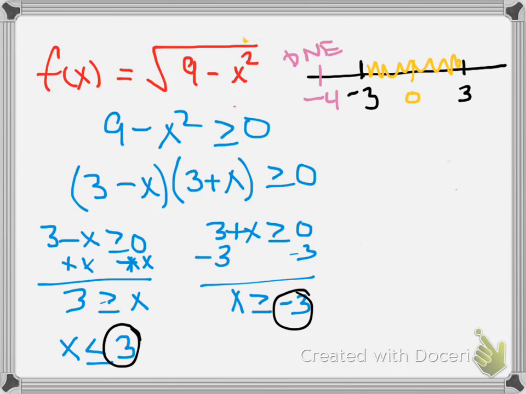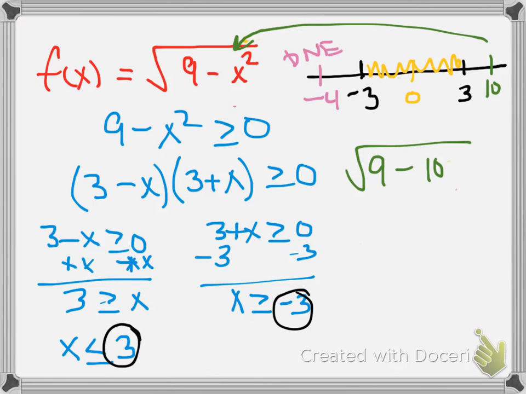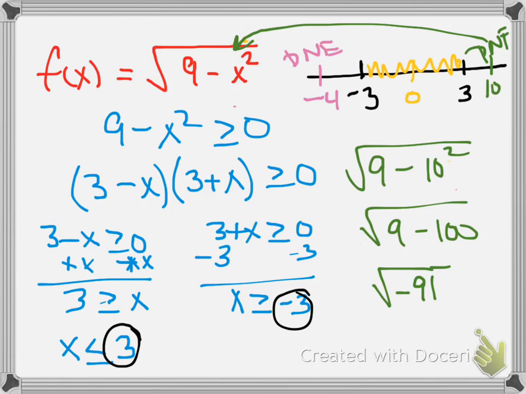For my next test point, I'm going to pick something bigger than 3. I'm going to say 10, just because it makes the math a lot easier. I'm going to plug 10 in for x, and I'll get square root of 9 minus 10 squared. This ends up being square root of 9 minus 100, and that's going to come out square root of negative 91, but we can't take the square root of a negative number. So this right here does not exist.